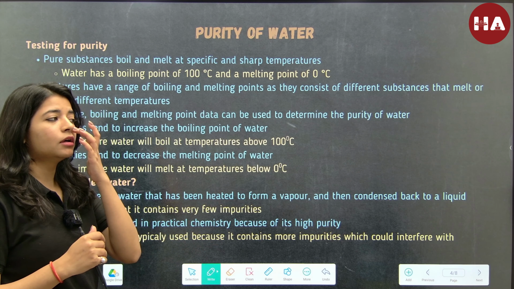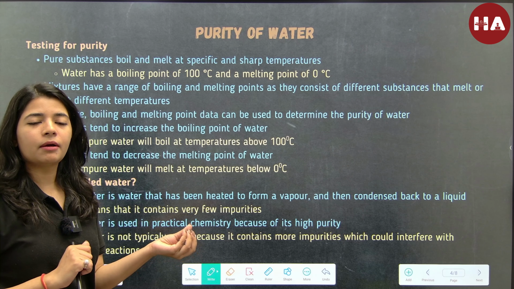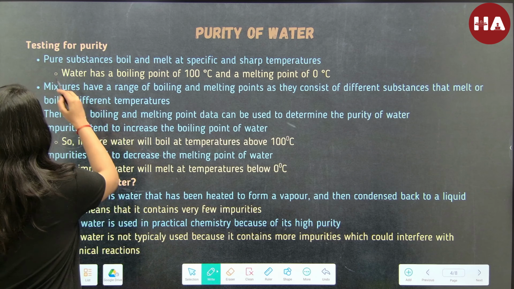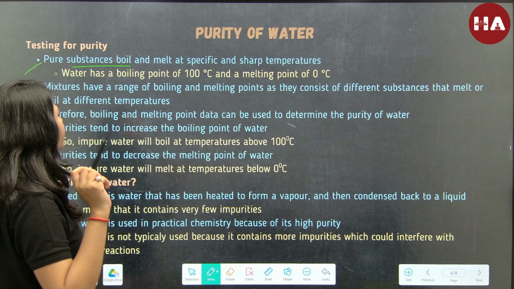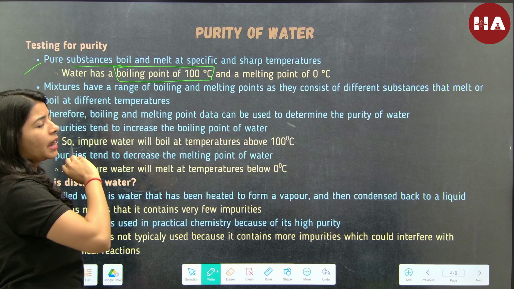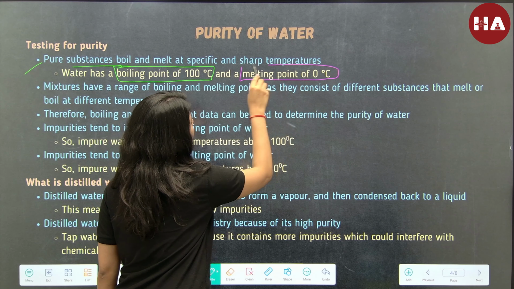But if the melting or boiling point value is different from the accurate value, then we can say that some impurities are present there. So a pure substance boils and melts at a specific and sharp temperature. For example, the boiling point of water is 100 degrees Celsius, we know that, and the melting point of pure water is 0 degrees Celsius.